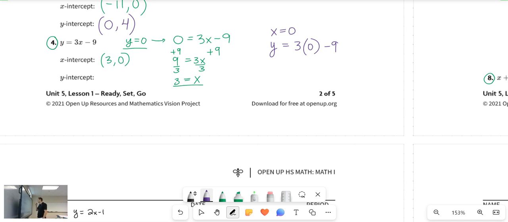There is a shortcut for this one, but we will go back and cover that in a second. 3 times 0 is 0, so we're going to rewrite this as y equals 0 minus 9, or just y equals minus 9. All right, so one of the points is x equals 0, y equals negative 9. So that's the point 0, comma, negative 9.